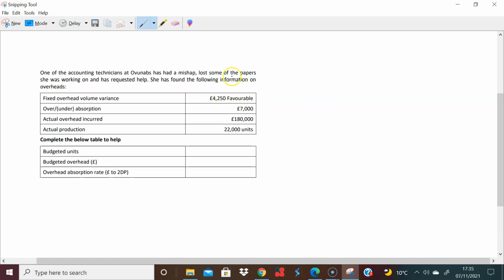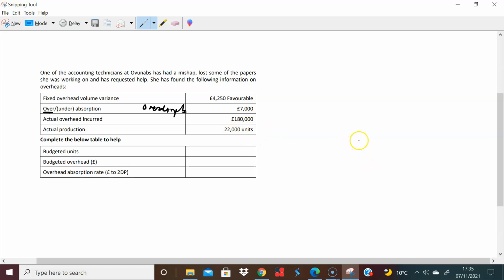So we'll see that in a second. And we're also told that we see a 7,000 here. This means this is an over absorption. So we can see we have an over absorption here. These are the actual overheads actually incurred. So we're going back a little to what we talked about earlier on, but the principle is still the same, and they give us the actual production.